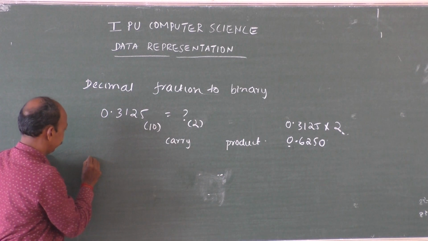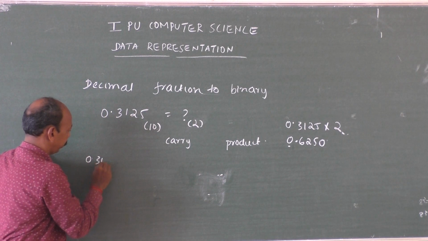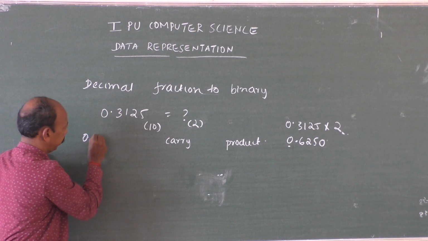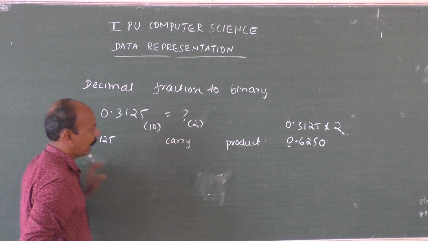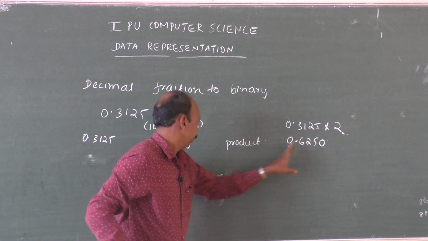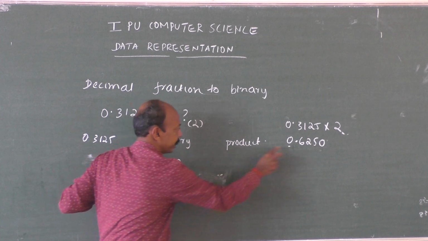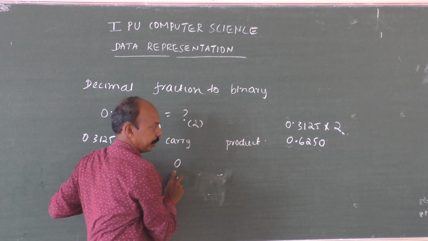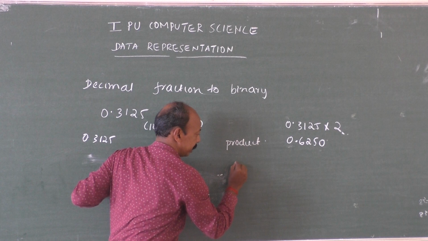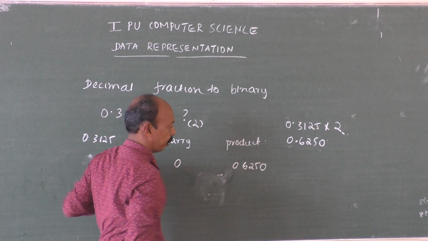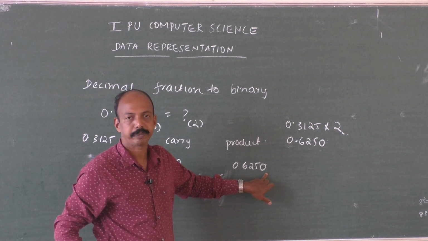Once again I will write here 0.3125. After multiplying by 2, this is 0.6250. So we have 0 here, that's why I write 0, and write this 0.6250, or you can leave this 0 here.